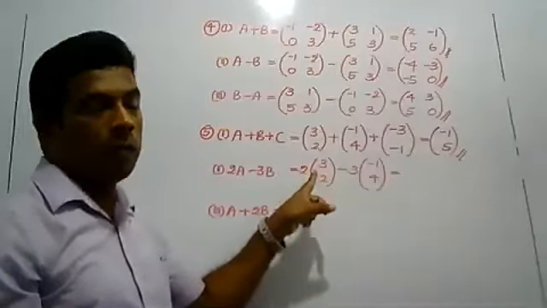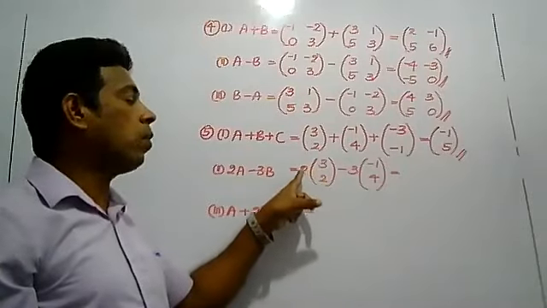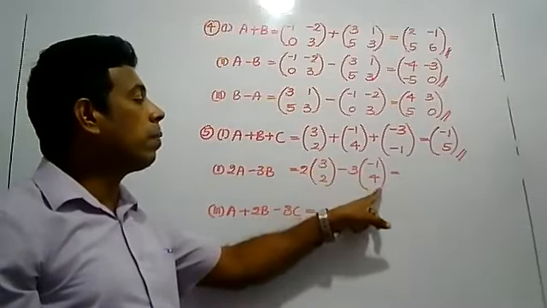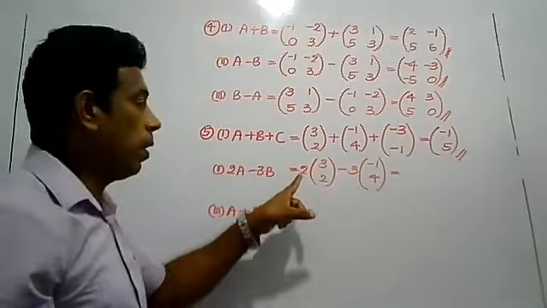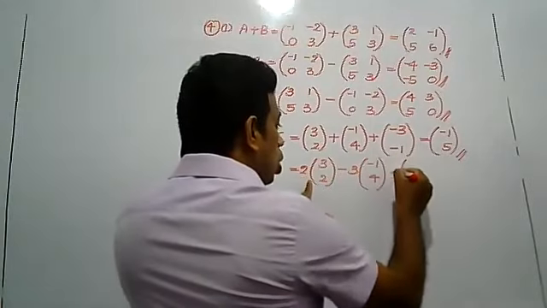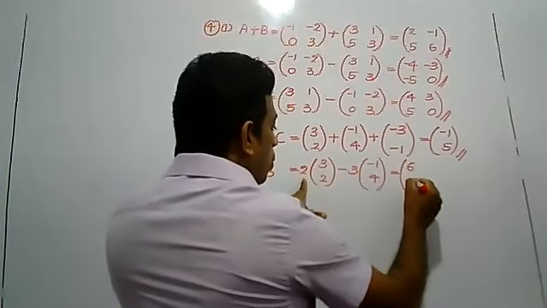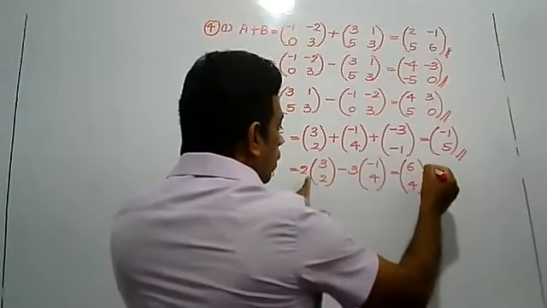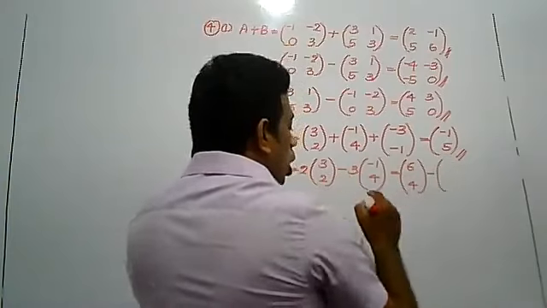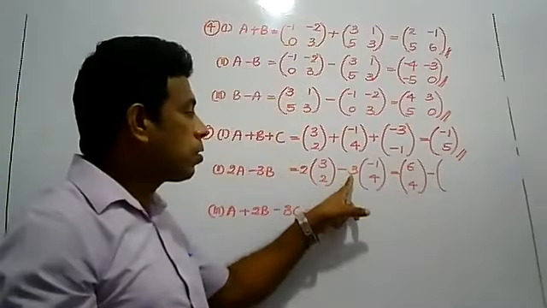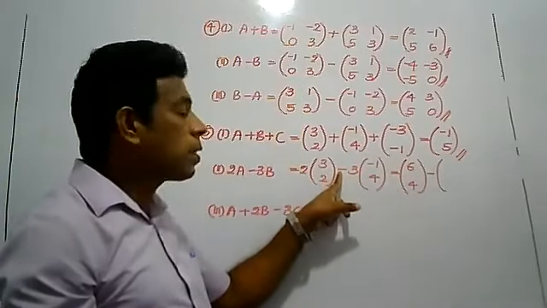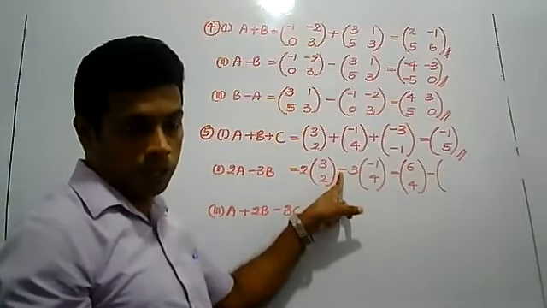When you multiply a given matrix by a whole number, all the elements of the matrix should be multiplied. 2 into 3 is 6, 2 into 2 is 4. If you multiply by plus 3, the minus sign remains unchanged.